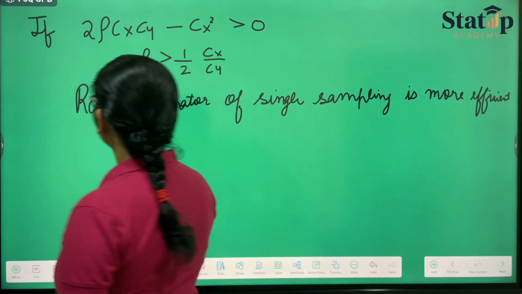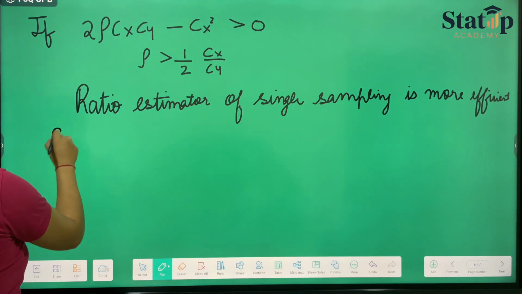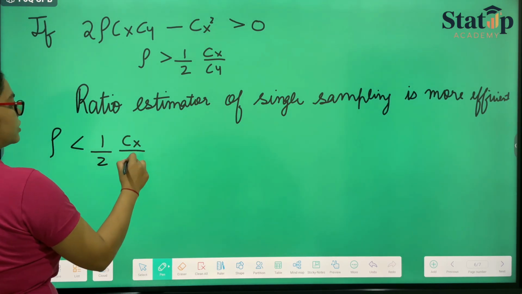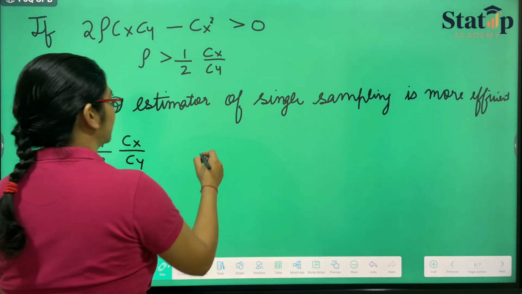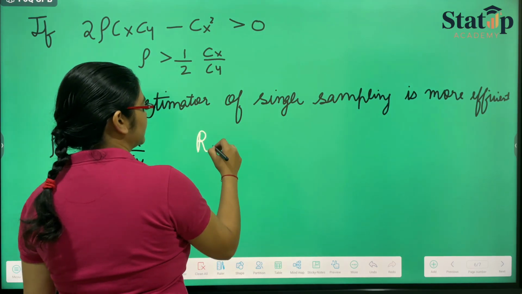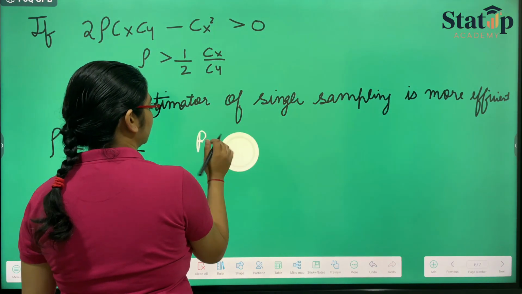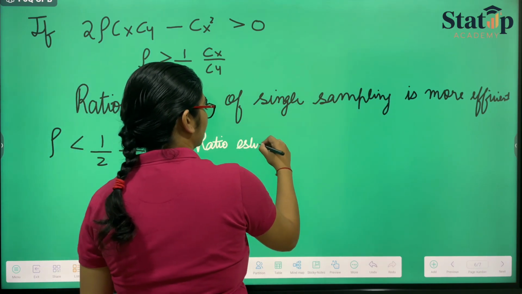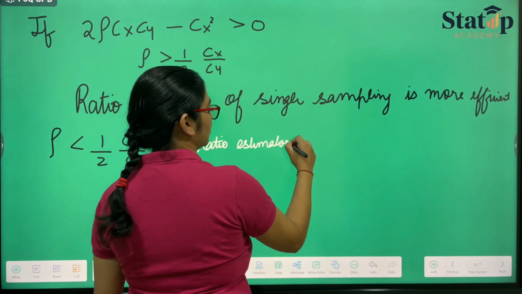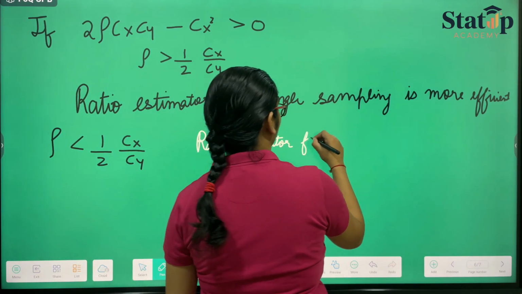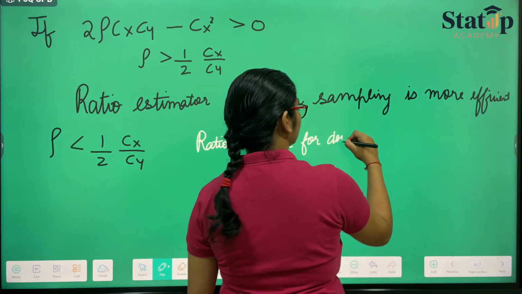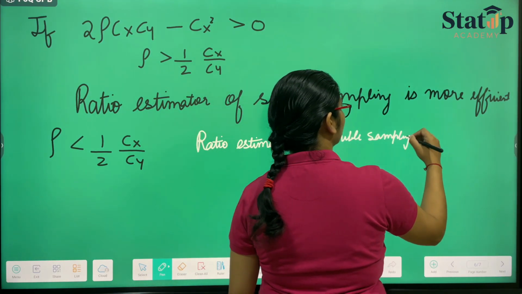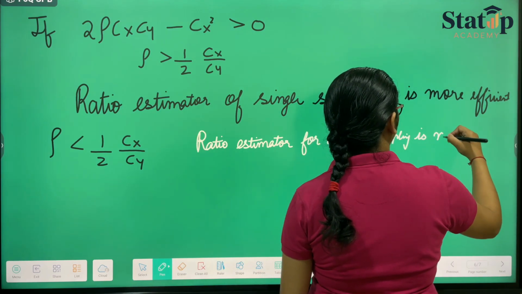Otherwise, if rho is less than 1 by 2 Cx upon Cy, then we can say that the ratio estimator for double sampling is more efficient.